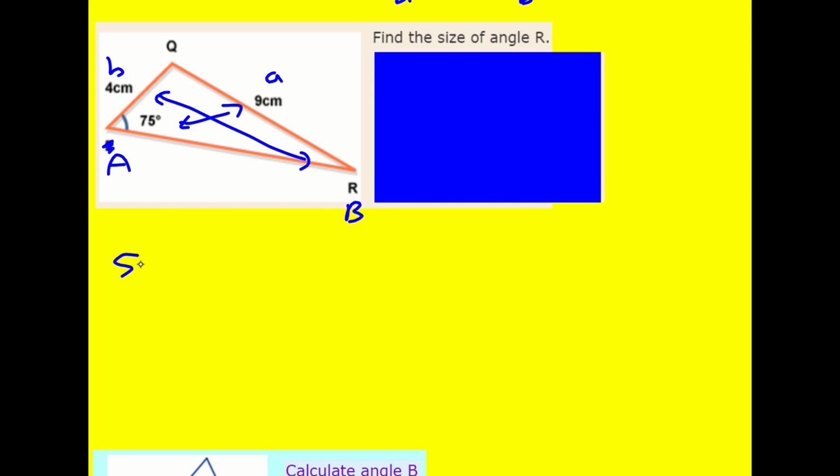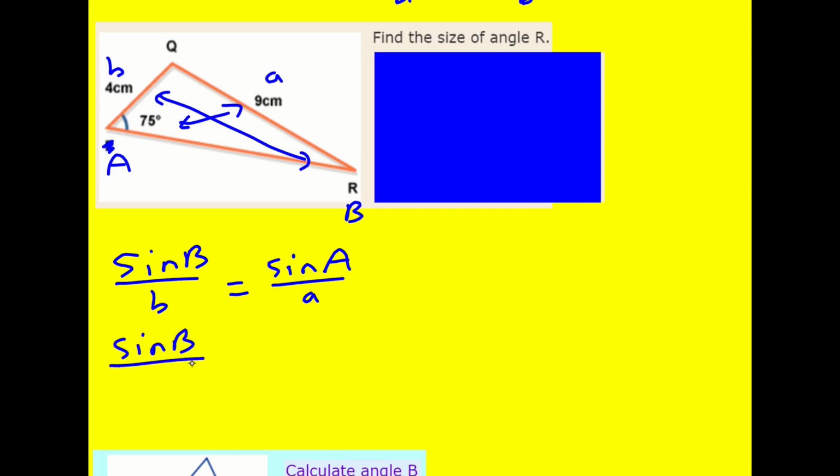It's going to be sine B over b equals sine capital A over lowercase a. Substitute them in. Sine B is the thing that's missing. It's going to be sine B over 4 equals sine 75 over 9.